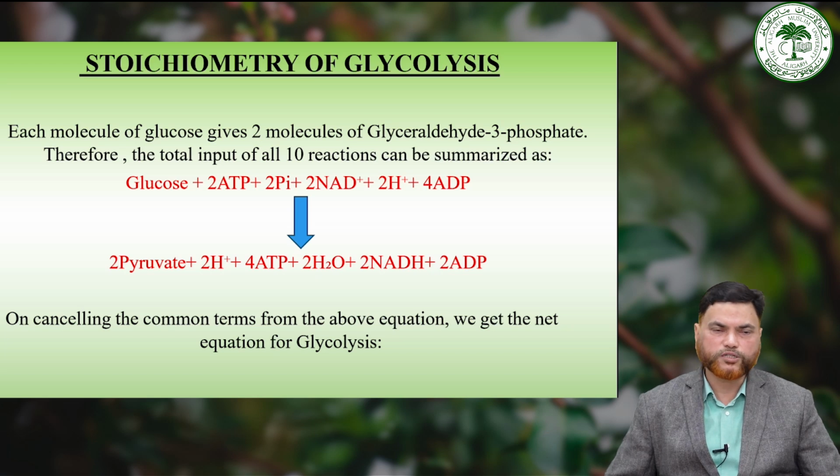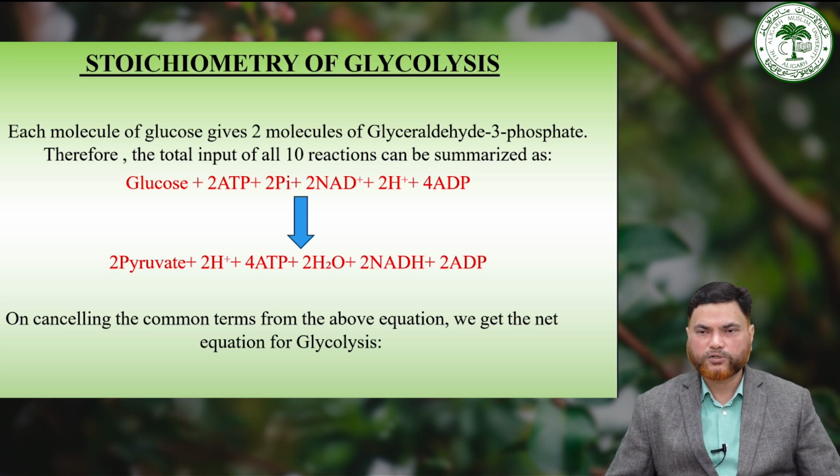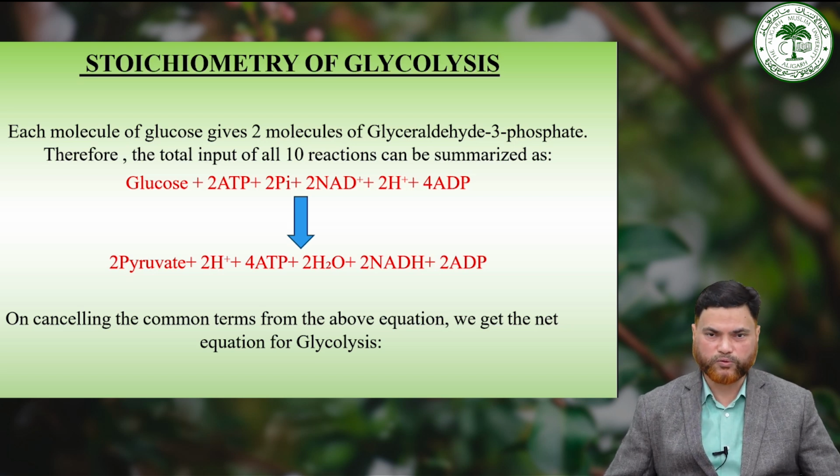Now, for each molecule of glucose metabolized through glycolysis, 2 ATP molecules are consumed during the initial 5 reactions, which constitute the preparatory phase of glycolysis, and during the payoff phase there is a generation of ATP and NADH. You see that one glucose molecule produces 2 triose phosphates, and each triose phosphate produces 2 ATP and 1 NADH.